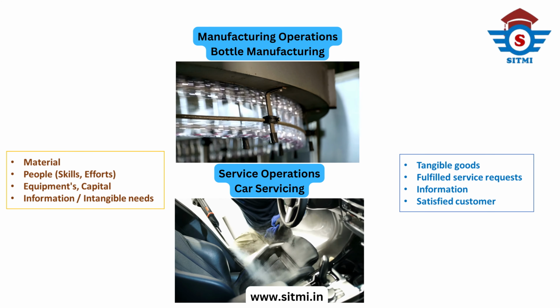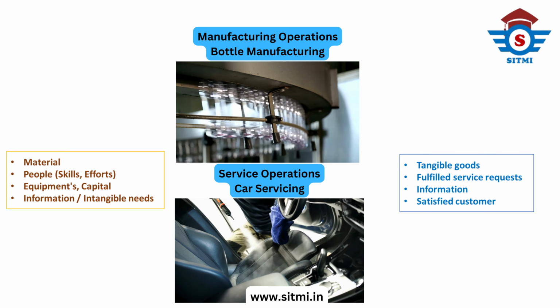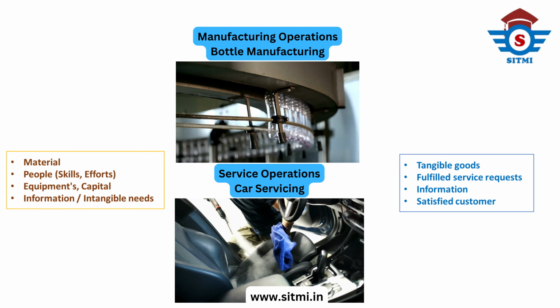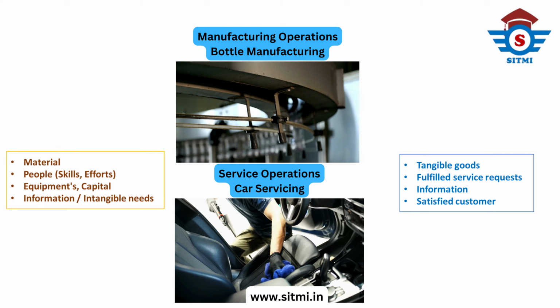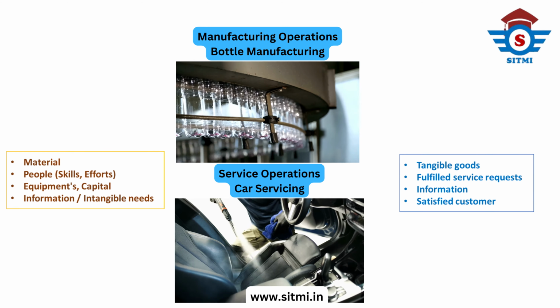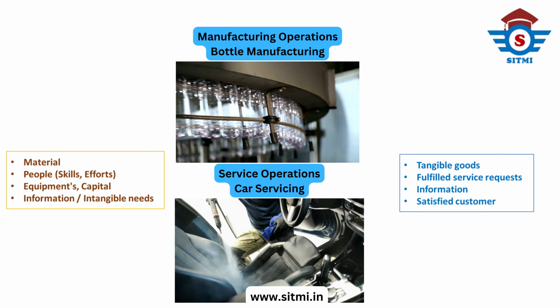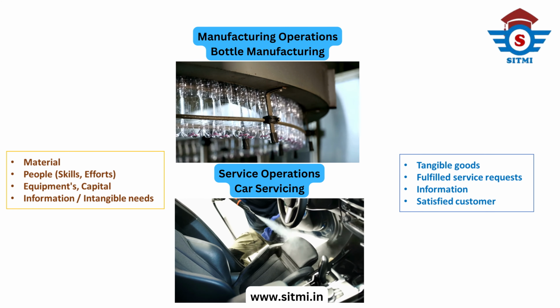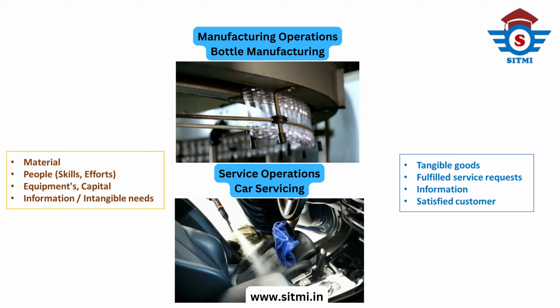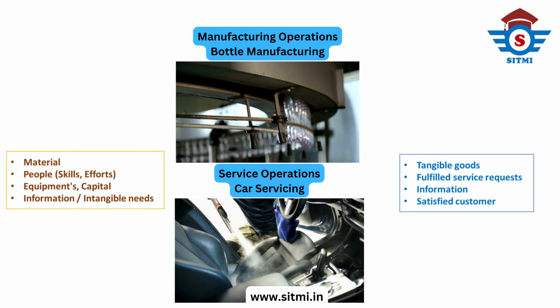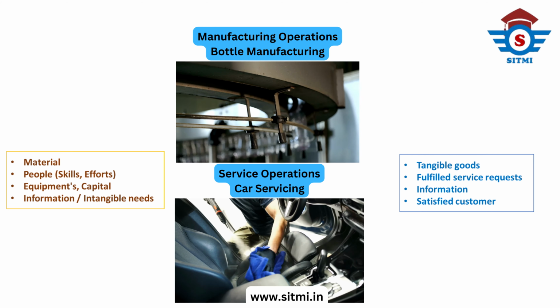Let's say to manufacture the bottles, you will need raw material, which can be bottle caps, labels on the bottle, and the body of the bottle. So all these form the raw material. Then some inputs are also in the form of people, that means their skills and their efforts. And certain inputs are also equipments.